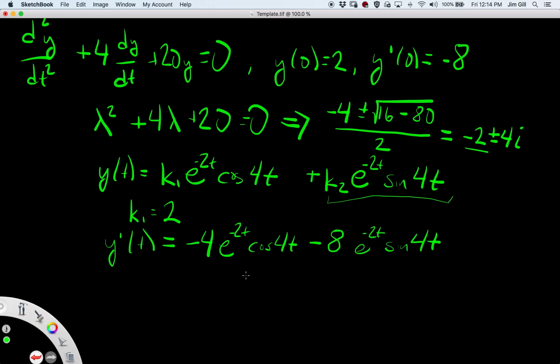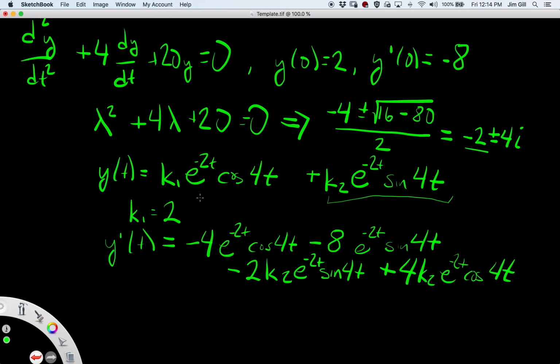Now we're looking at the second part here. We have minus 2 k2 e to the negative 2t sine 4t plus 4 k2 e to the negative 2t cosine 4t. We have to use the product rule on each of these. We have to separate the e to the negative 2t and the cosine 4t, and the e to the negative 2t and sine 4t. That's why we had to have such a complicated derivative there.